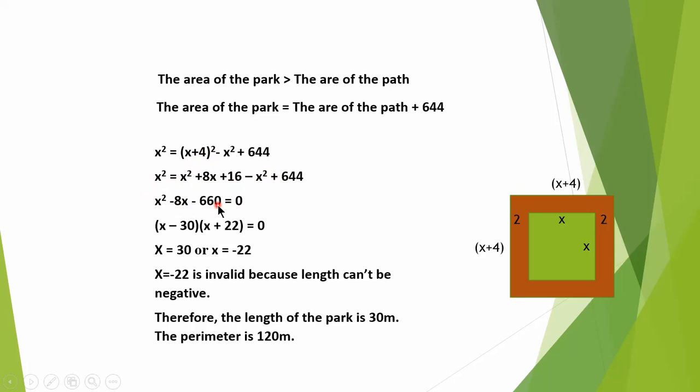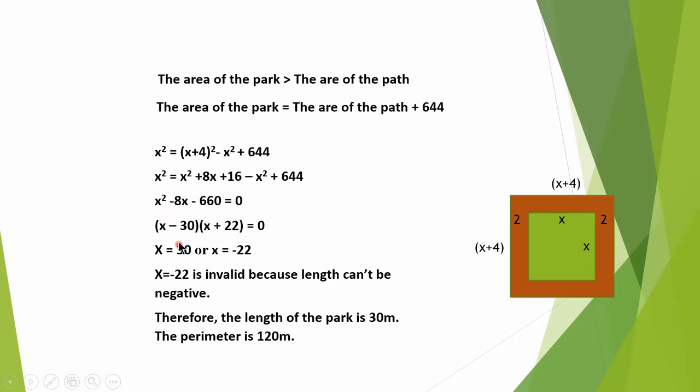So how to solve this? By factoring this. These are the factors. 30 minus 22: negative 30 minus positive 22 gives negative 660, and negative 30 plus 22 is negative 8. So therefore, these are the two factors.